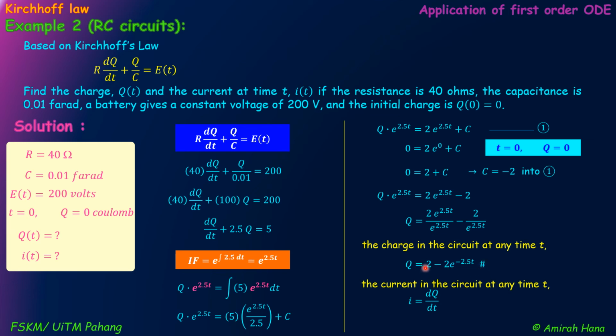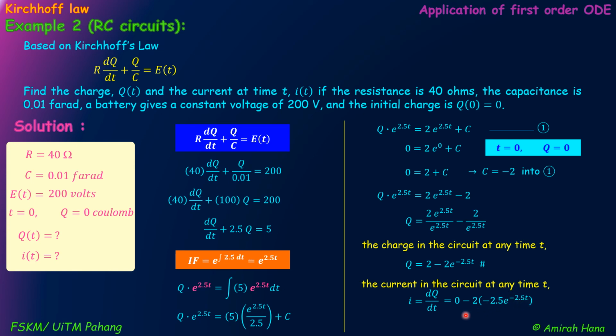So from here, when we differentiate with respect to time, we got this. Okay? We differentiate constant 2 equals to 0. And then we still have constant minus 2 in front here. And when we differentiate e to the power of negative 2.5t using the exponential rule, we got negative 2.5 e to the power of negative 2.5t. Right?